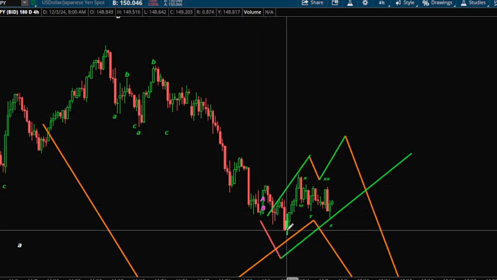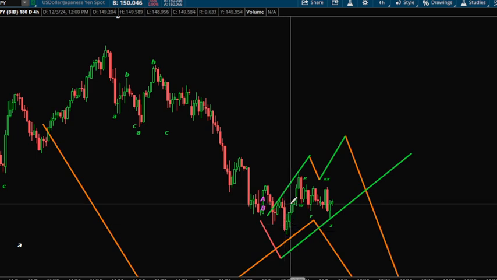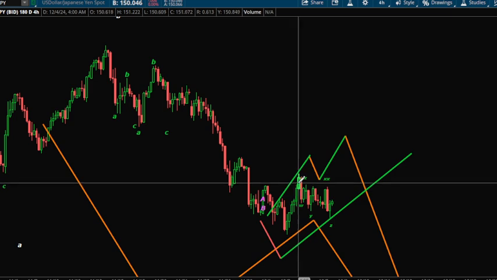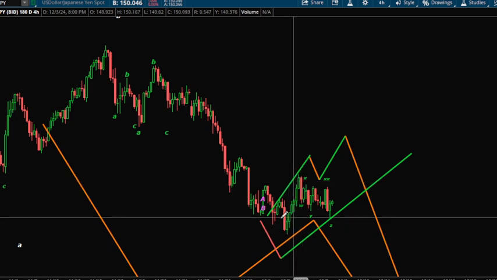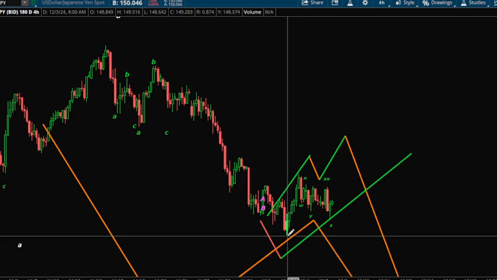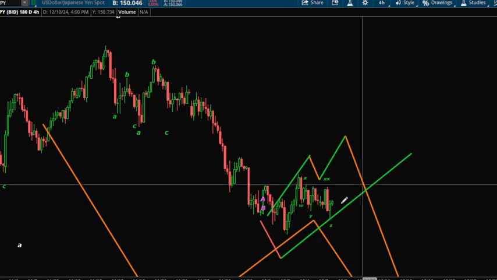Now, how do I know that this leg, this move, let's say I was wrong and 148.612 was a bottom? Even if I was wrong, how do I know that we're going to continue higher next week?